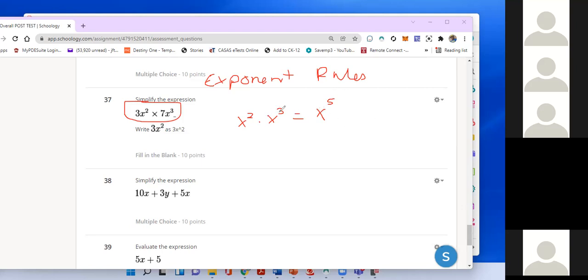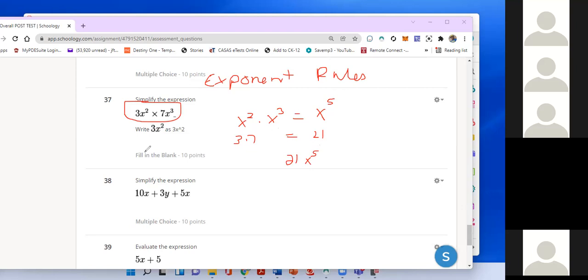Keep the base, you add the exponents, 2 plus 3. What's 3 times 7? 21. So to simplify this, your answer would be 21x to the fifth. Guaranteed, in the first 5 problems, they're going to have you do the exponent rules. You've got to have it.